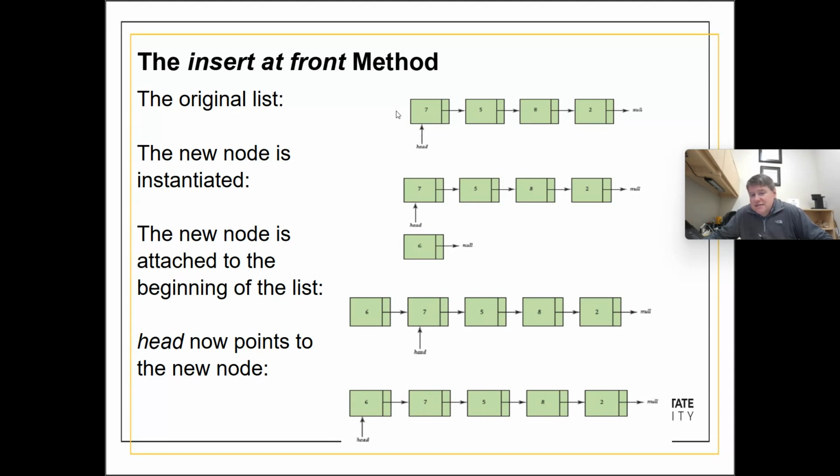Okay, so in this case, this appears to be a linked list that's storing integers. The first node has a 7, and then a 5, and then an 8, and then a 2. All right, so to make a new node that we're going to insert at the front of the list, the first step is we create a new node. Now that node is just a class, it's called node, and I literally just instantiate it like I instantiate a new student or a new employee.